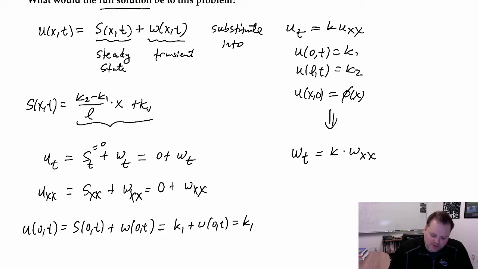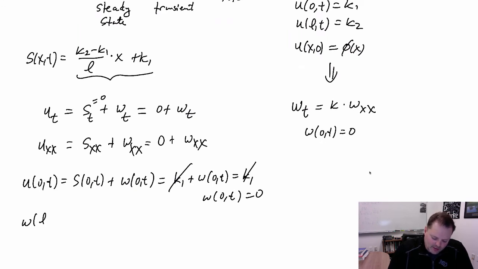But u of 0,t is K1, so you see you've got K1 on both sides. Those cancel, which means w of 0,t is just 0. So we've managed to homogenize the left end. The left end was inhomogeneous previously. It is now homogeneous in terms of the w solution.